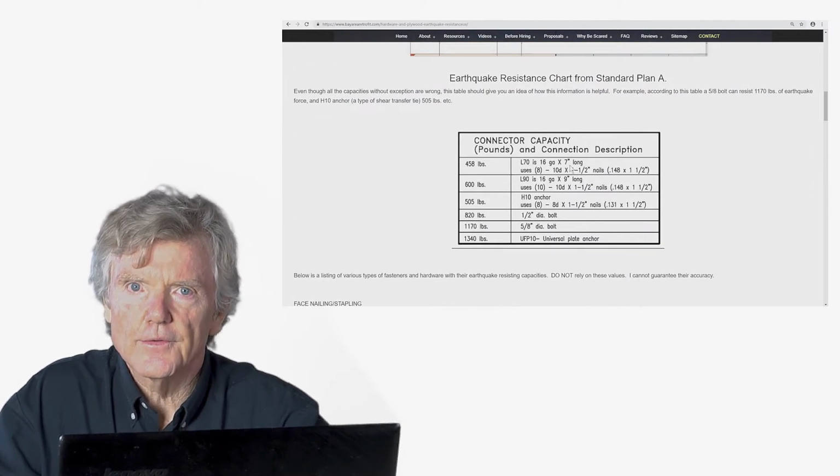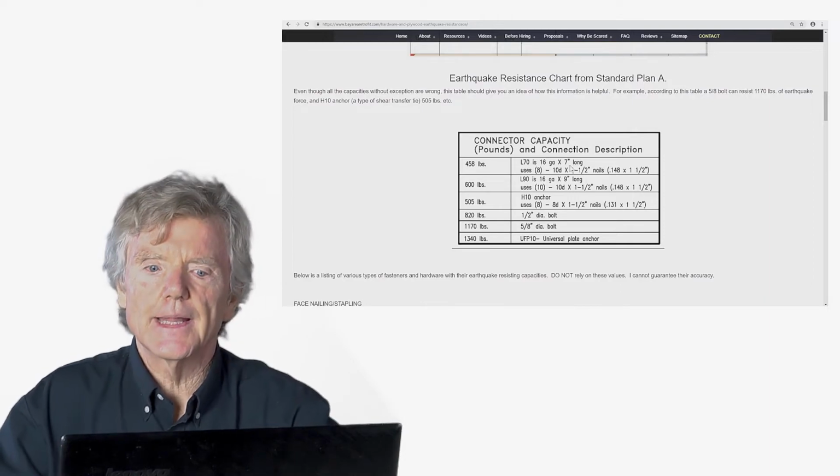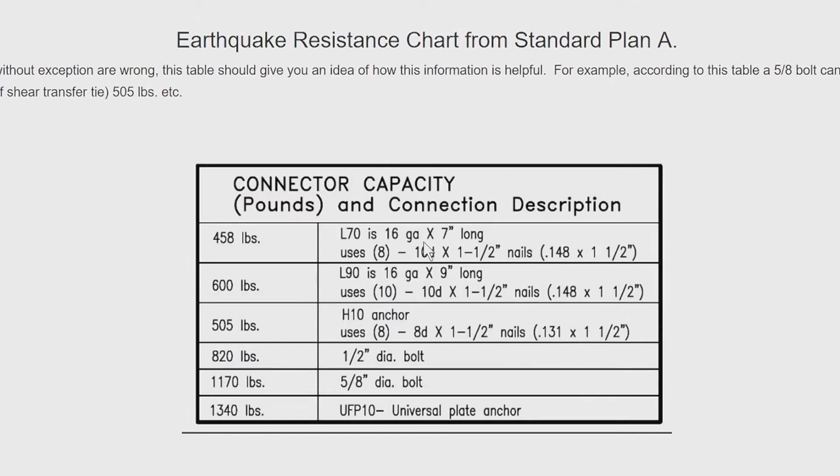So I want to go into this, which is from Standard Plan A. Here are the different types of hardware. Even though all these ratings are wrong, which you're going to see if you go to the Standard Plan A video, for example, it'll have an L70 and it'll say it can resist 458 pounds. That's 458 pounds of earthquake force.